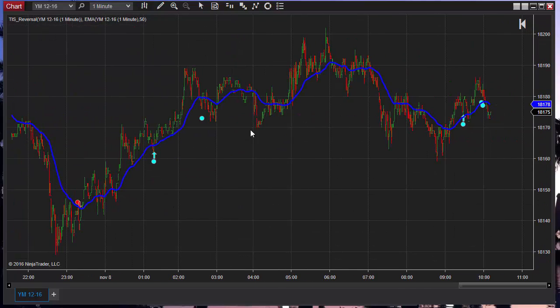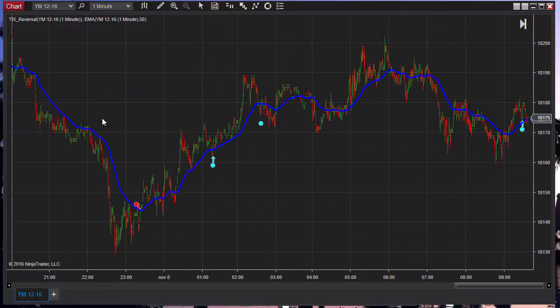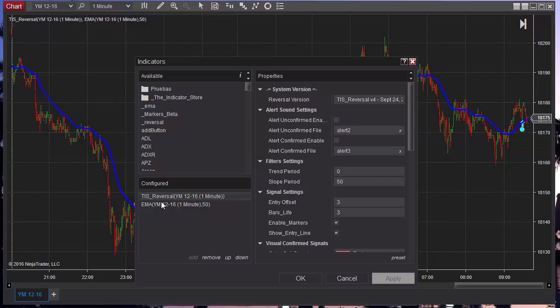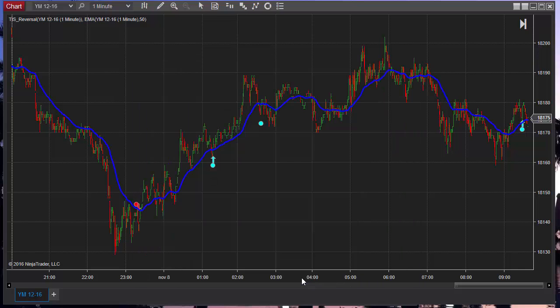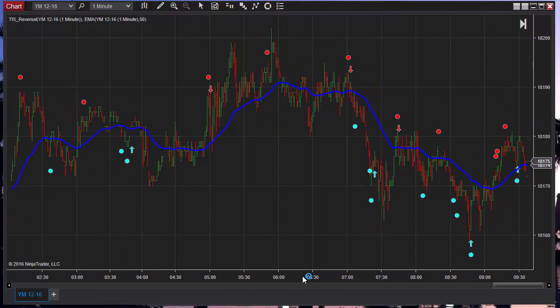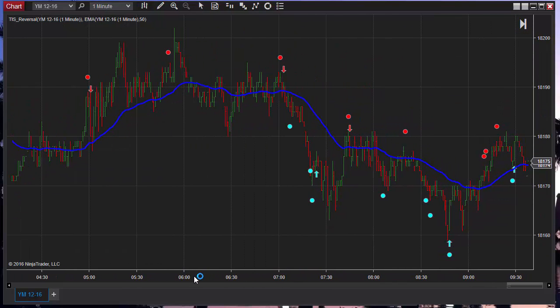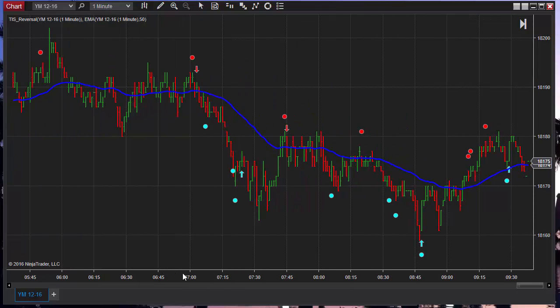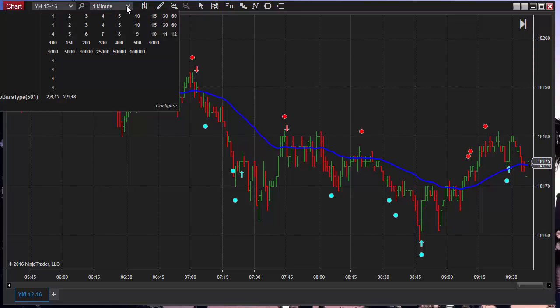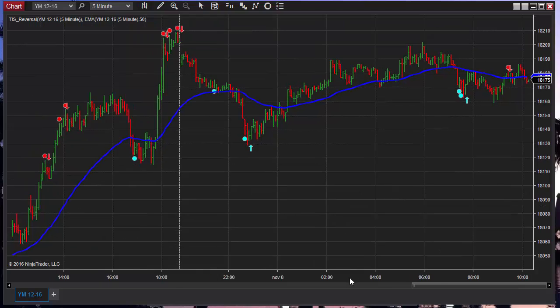Here we are looking at Dow Jones on a 1 minute, and if we remove all the filters, we may get not so good signals as we would wish, because the stochastic is not working so good.